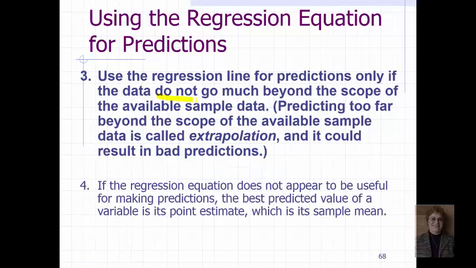You don't want to go too much beyond the scope of the available data. That's called extrapolation, and it could cause some bad predictions, and we'll talk about that in a couple of slides. If your r is not statistically significant, the regression equation doesn't make sense to use, and your best predicted value of the variable is its point estimate, which is the sample mean.